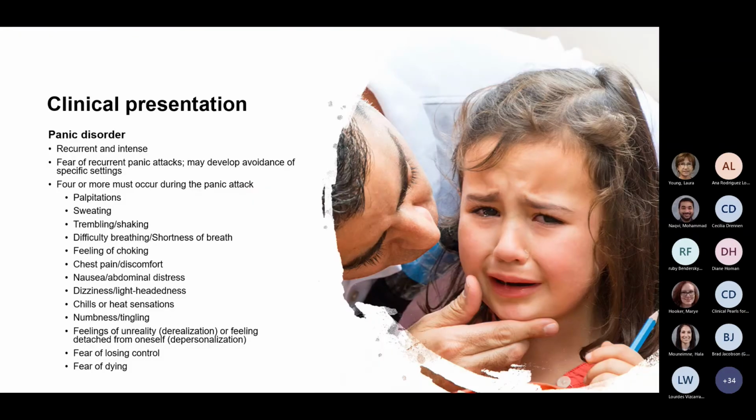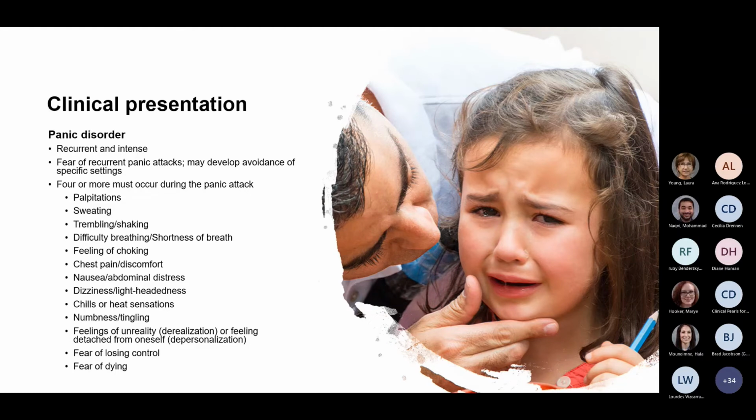And then we have panic disorder, which is recurrent, unexpected episodes of intense fear. There may be fear of recurrent panic attacks, and a patient may develop an avoidance of a certain situation or setting where the panic attacks have happened before.